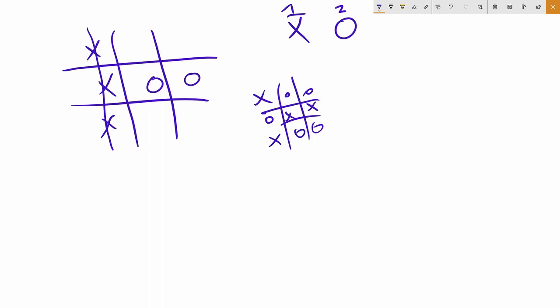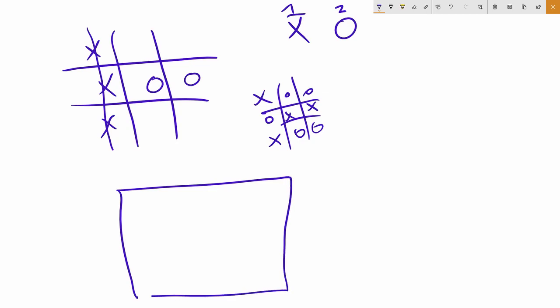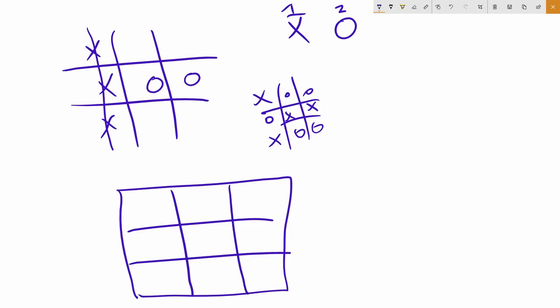and we'll need to handle that case as well. So we need to think about the data structure that we're going to use to represent this tic-tac-toe board. And we can use a two-dimensional array, and that would be 3 rows and 3 columns. So the rows go this way, and the columns go this way.